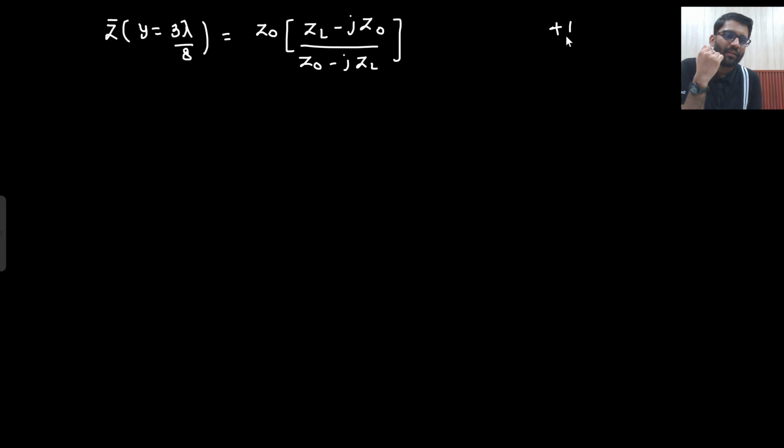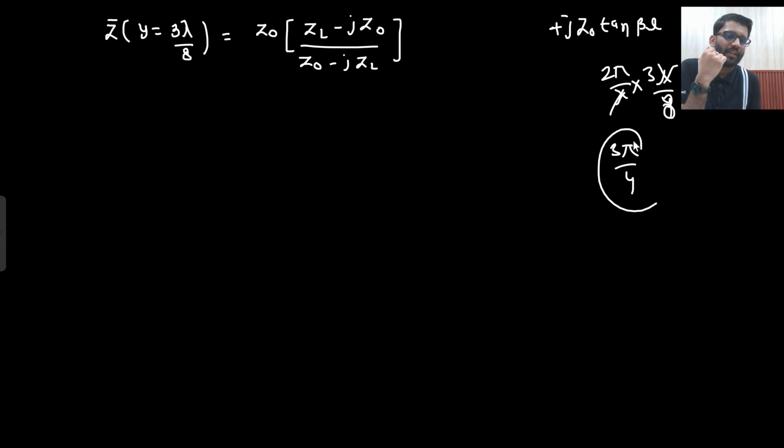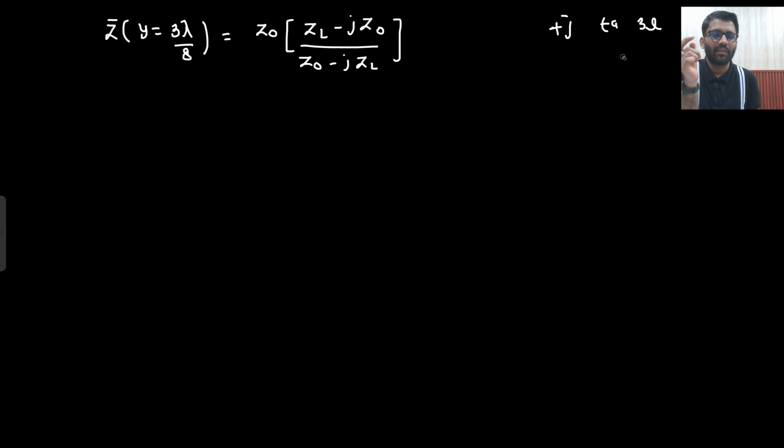At 3 lambda by 8 the formula becomes (Z naught into ZL minus JZ naught) upon (Z naught minus JZL). Why does this become minus? Because here we write plus J Z naught tan beta L. Now beta is 2 pi by lambda and L is 3 lambda by 8, so this and this go, then what is left? 3 pi by 4, and tan 3 pi by 4 is equal to minus 1. So that's why minus is there.